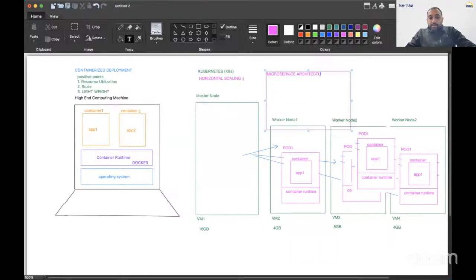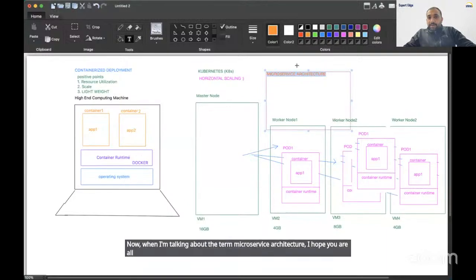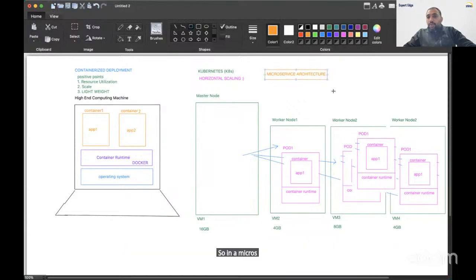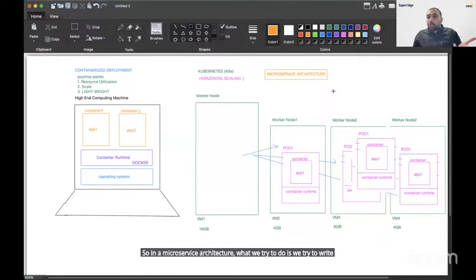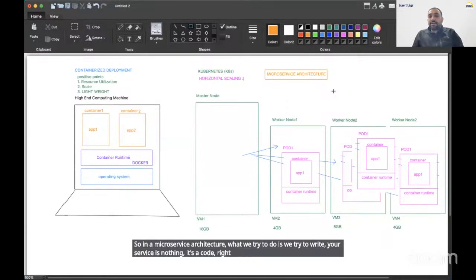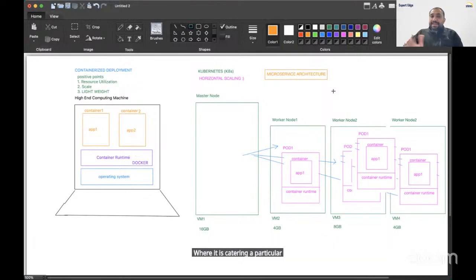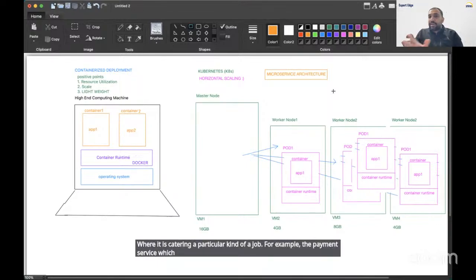Now, when I'm talking about the term microservice architecture, I hope you are all aware of it, but if not, just a quick introduction, right? In a microservice architecture, we write a service, which is nothing but code, a solution file that caters to a particular kind of job. For example, the payment service will only do the transaction-related job; it will not do user authentication.